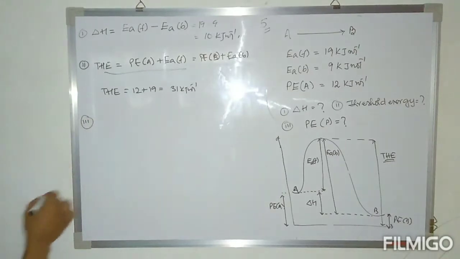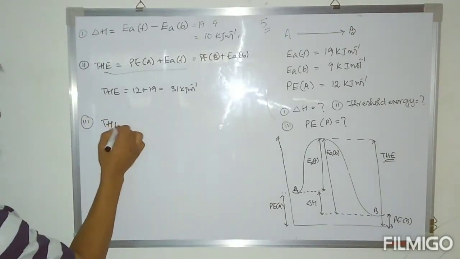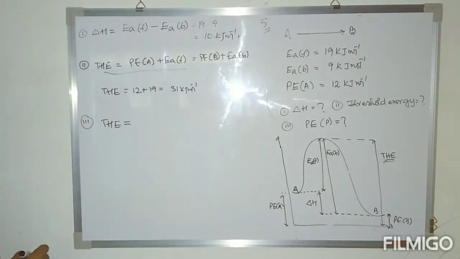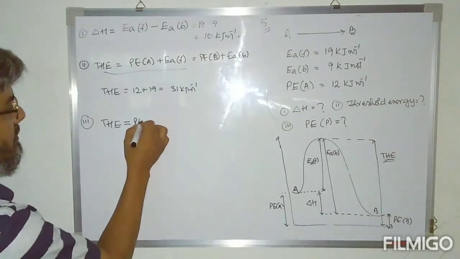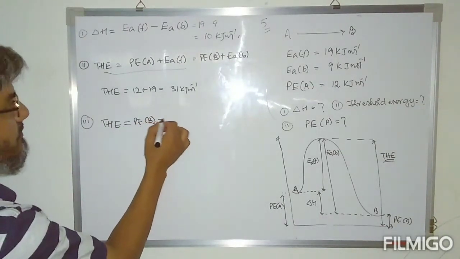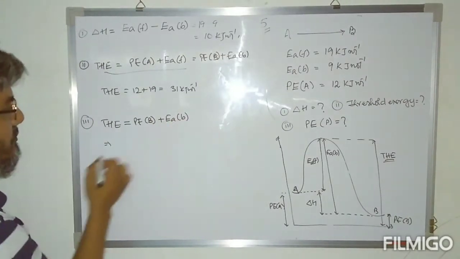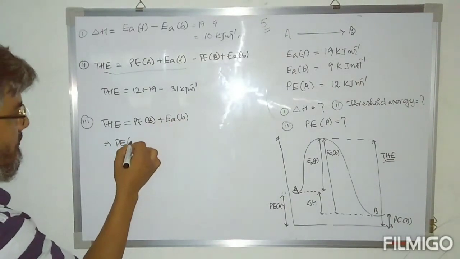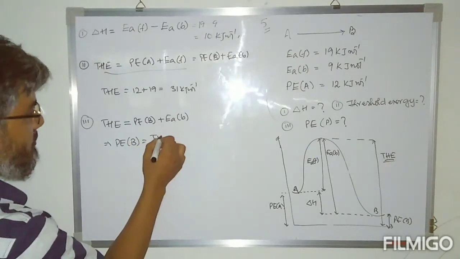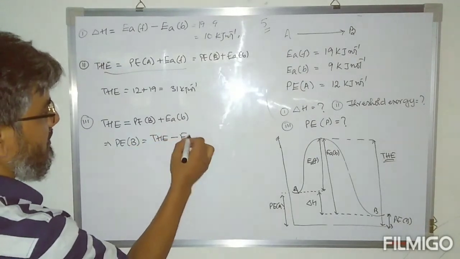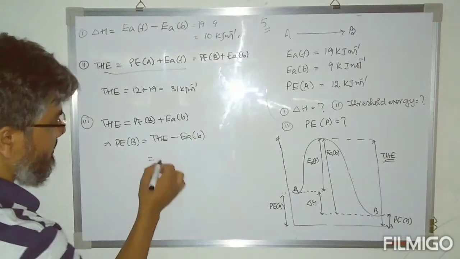So this threshold energy is also equal to this value. You take this third question. Threshold energy is also equal to the potential energy of product B plus the activation energy of the backward reaction. Therefore, potential energy of product B equals threshold energy minus activation energy of backward reaction.